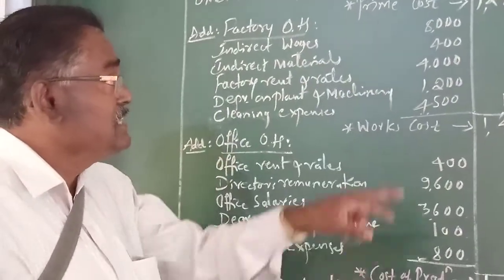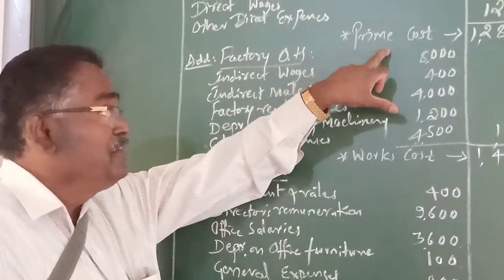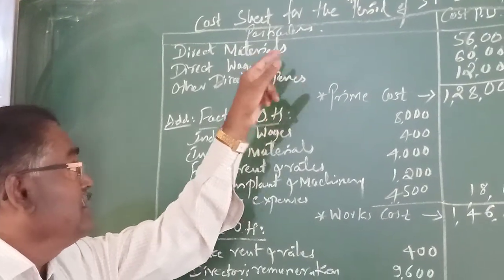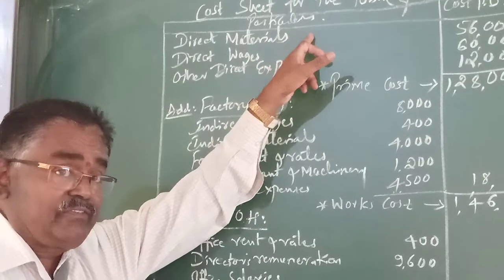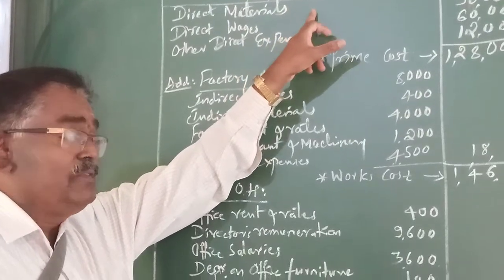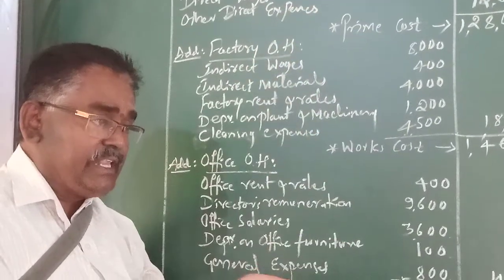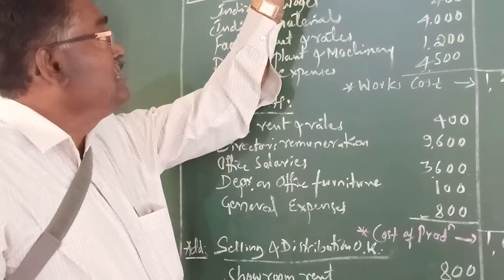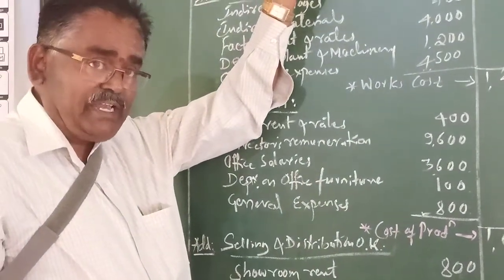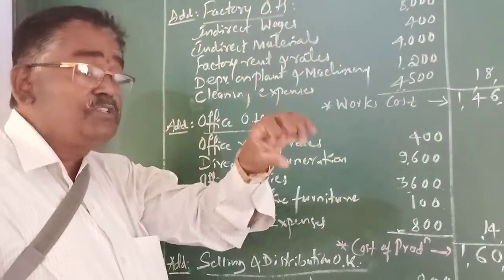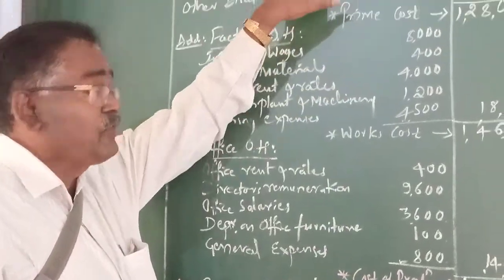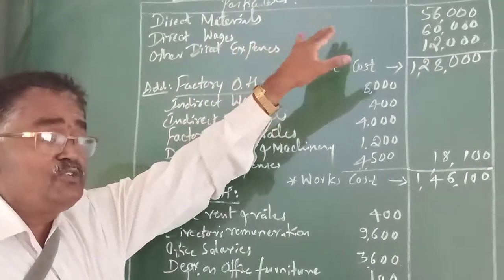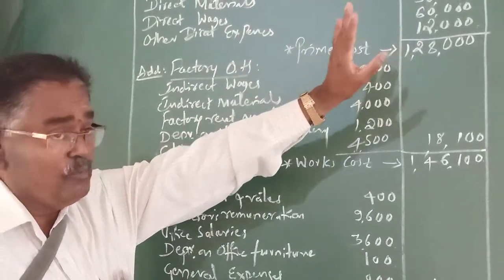If there is an opening stock of raw materials, take it as the beginning point of the problem. Then add purchases made during the year to that opening stock of raw materials. If there is a closing stock, it is to be deducted from the materials. Then the total materials consumed during the year is shown in this column.